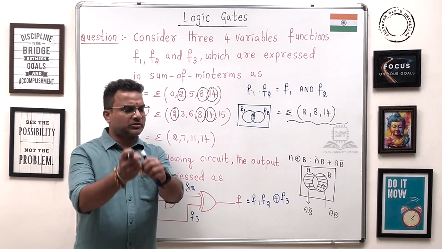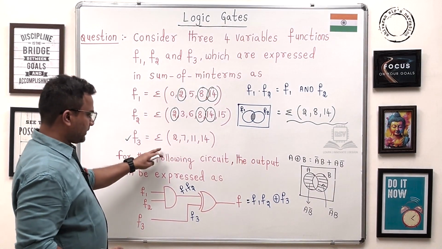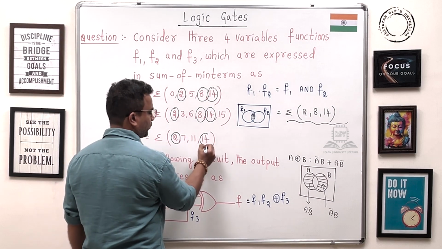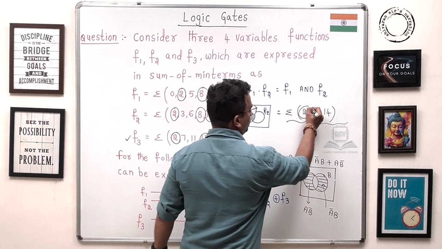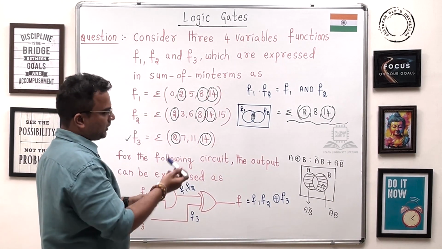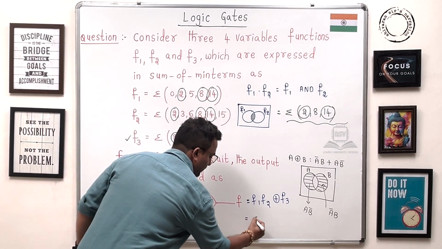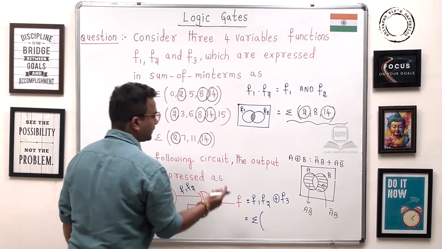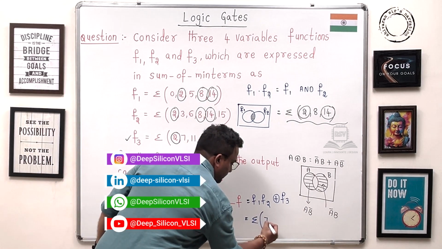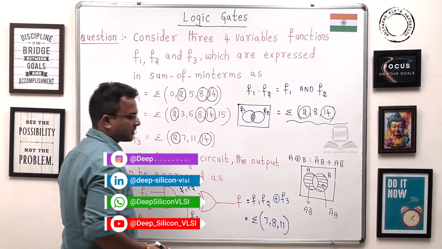That's it. It is so easy. Okay. Now let's see here. The common terms are 2, 14. Then obviously exclude them. Hence here F will be sigma of the remaining terms 7, 8, 11. 7, 8, 11 guys. That's it.